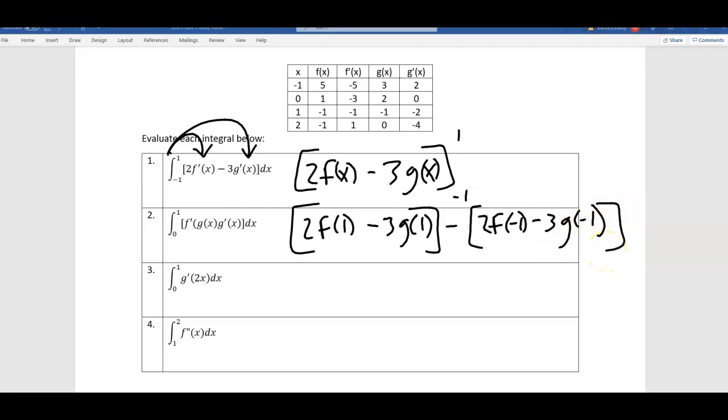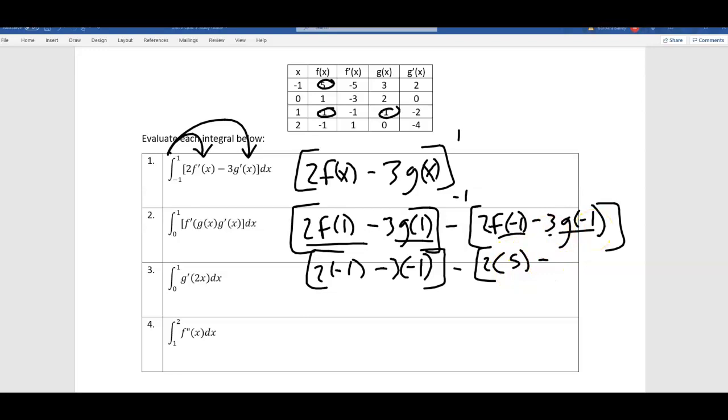All right, then we just use our table to figure out what these values are. F of 1 is -1. G of 1 is also -1. And f of -1 is 5.